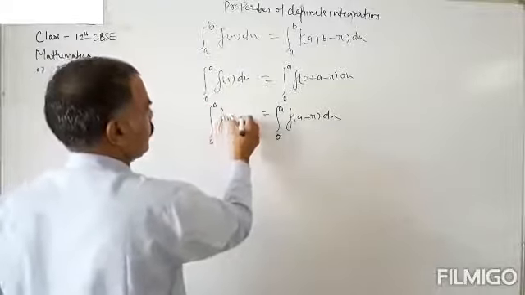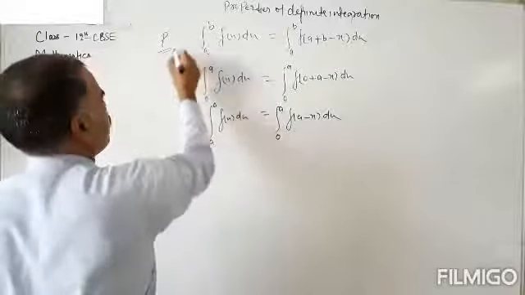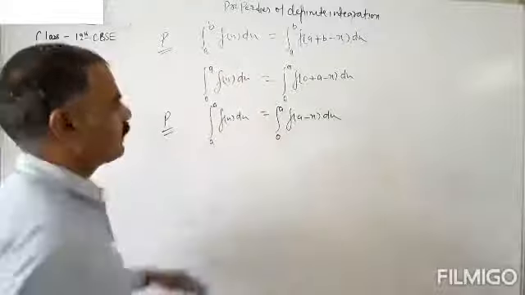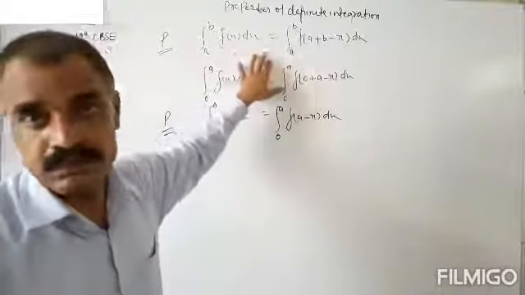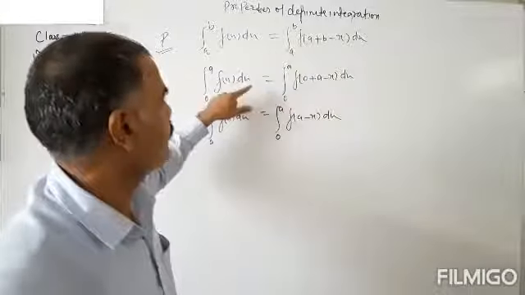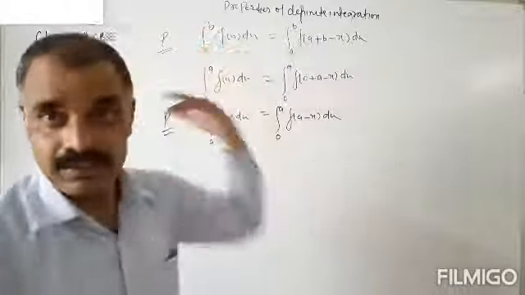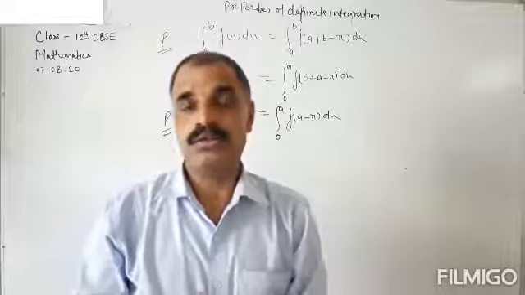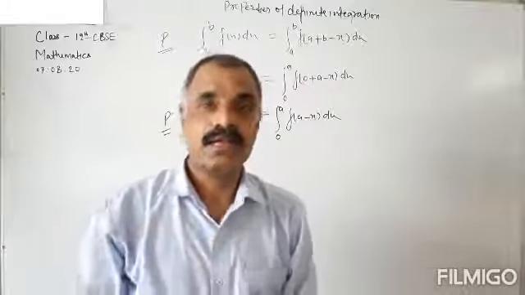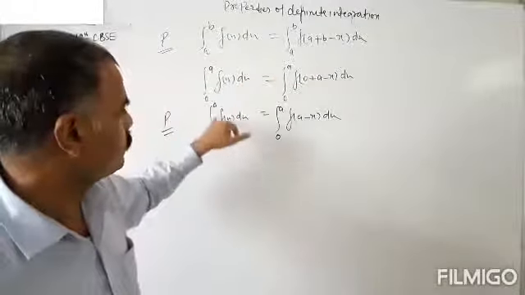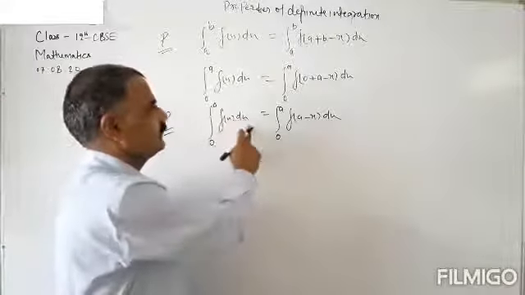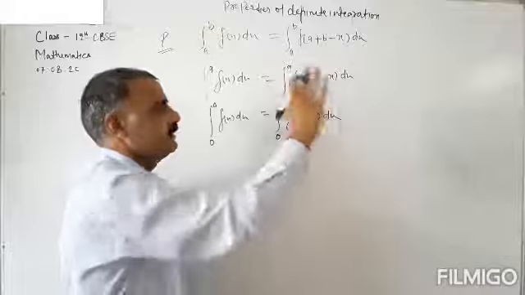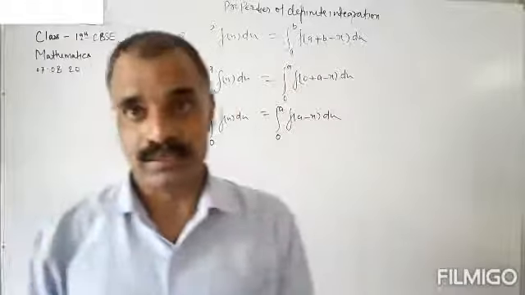This property is the particular case of the previous one, when we replace a by 0 and b by a. Then the property becomes integral 0 to a f(x) dx is equal to integral 0 to a f(a - x) dx.